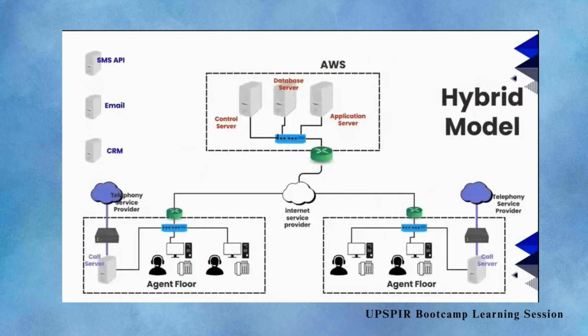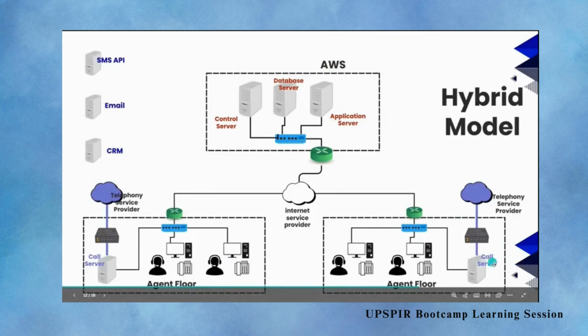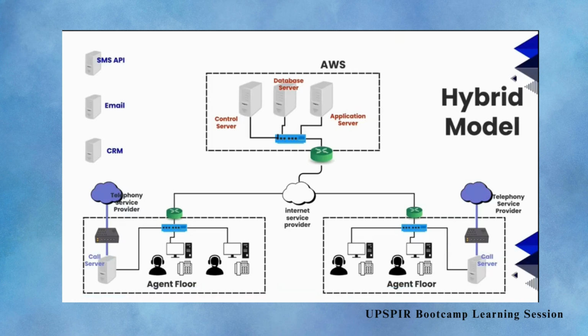And obviously hybrid. Hybrid is where our telephony remains local, right? Even our CRM can be local. In some cases like banks where we store sensitive information, we might not put our CRM on the cloud or in a data center. We might have that in our office itself. So it depends what kind of setup we want, and this can become your hybrid.